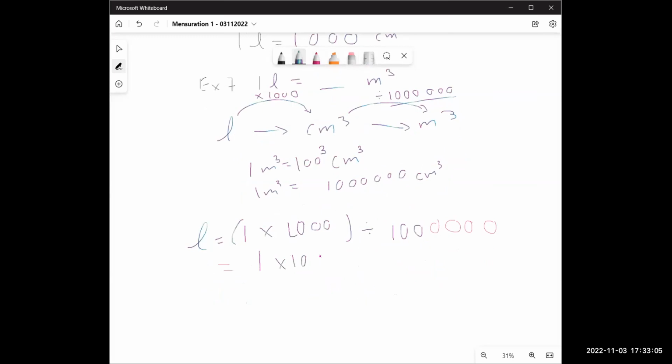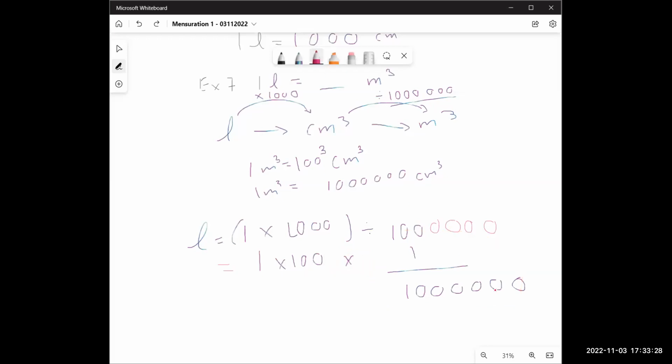So 1 into 1,000. Can I write this as 1 over 1 million? Yeah. Now, are these being multiplied or divided? All of them are multiplied.